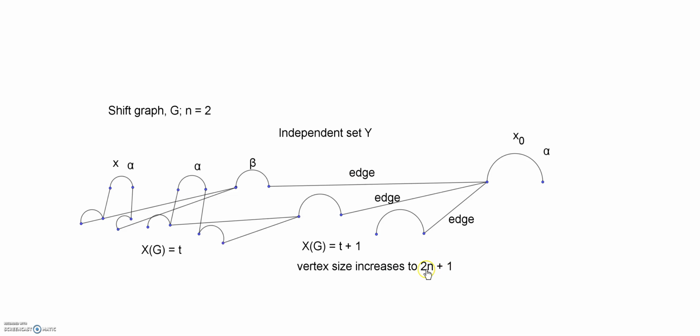Just imagine if we had a vertex size of 4. 4 times 2 is 8, plus 1 is 9. It gets fairly hefty later on. So the best approach for this would be to have an algorithm that would actually be able to use not a first fit necessarily, but some sort of concept-related first fit to color the shift graph.